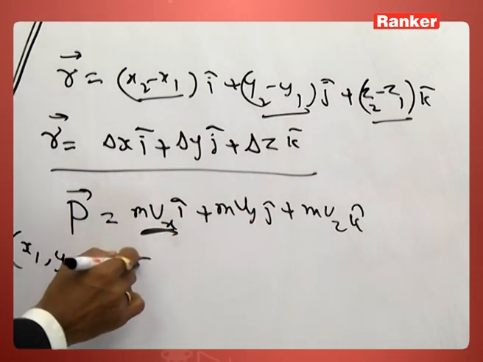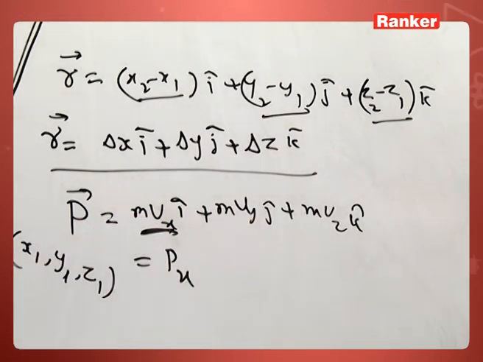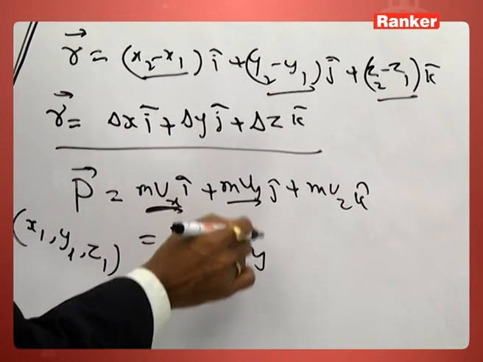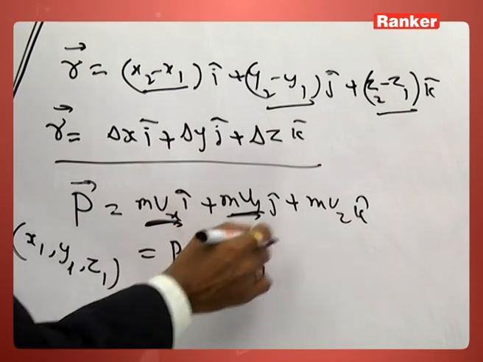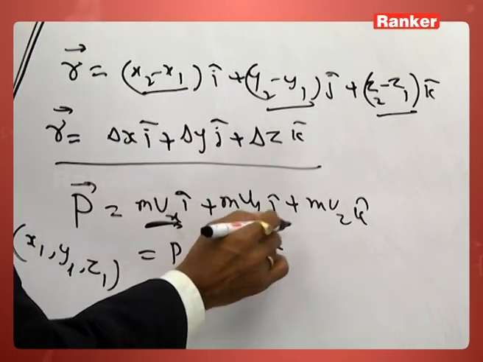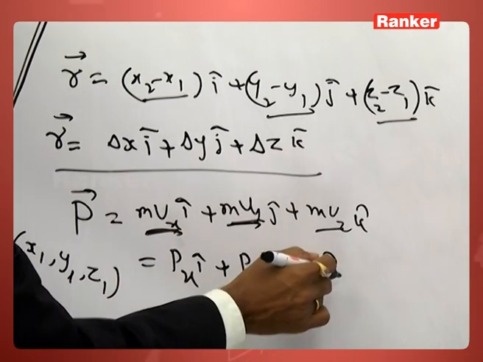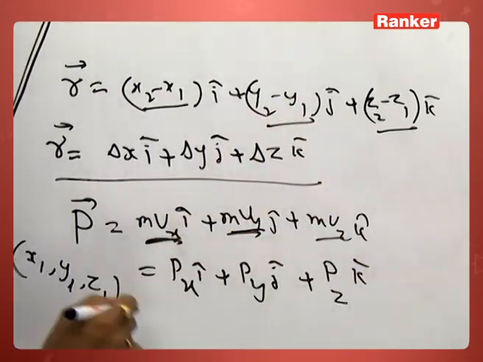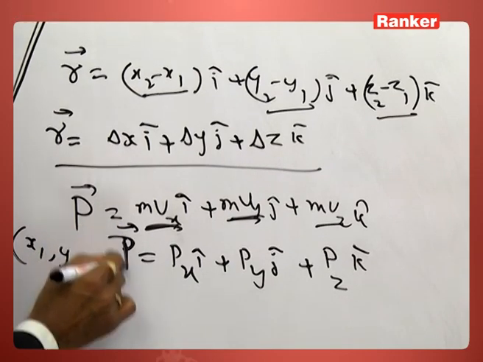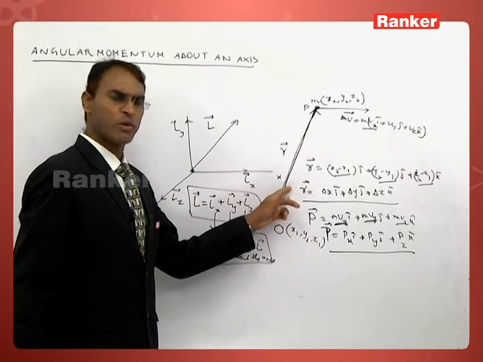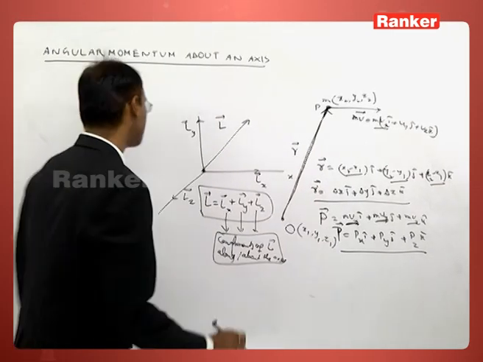This is the component of the linear momentum along x direction, px i cap. This is the component along y direction, py. This is the component along z direction, that is pz k cap. One should know both the position and the linear momentum.